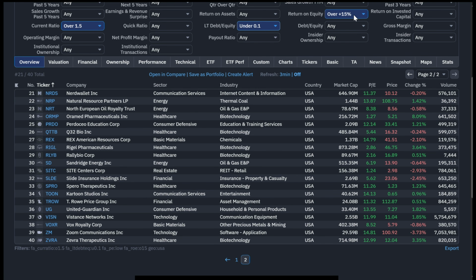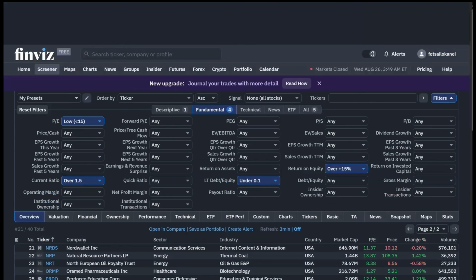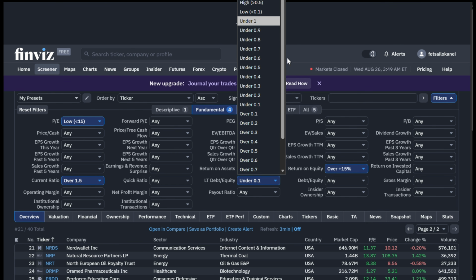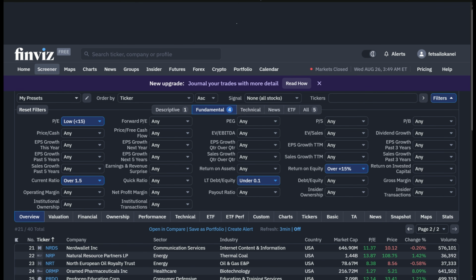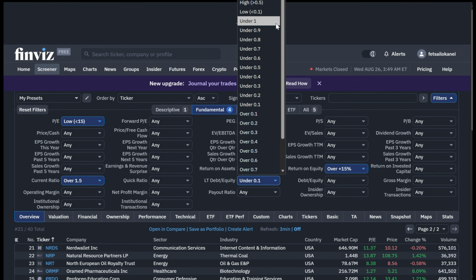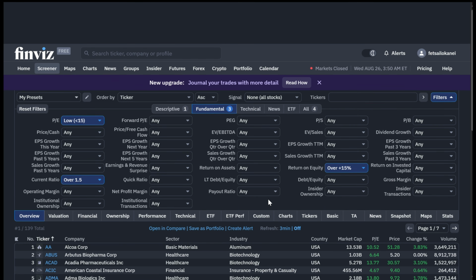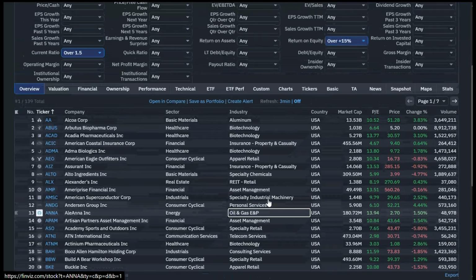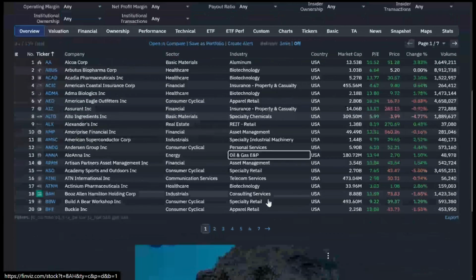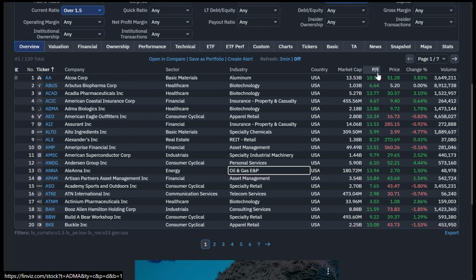I could leave the debt on. I could leave the return on equity on. If there's anything else, maybe I turn off long-term debt. I put it as any, so that I get a larger number, then check the price to verify.